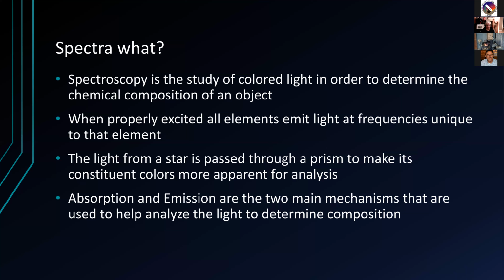If I take light and shine it at a chunk of iron, the iron will absorb very specific colors of light and will re-emit and reflect back every other color that was shined at it, except for those that it absorbs. You can use that as one form of analysis and say, hey, this is iron, because we see that these specific color frequencies are missing.